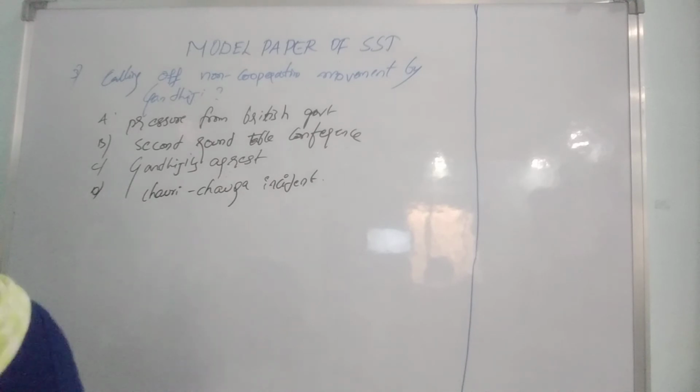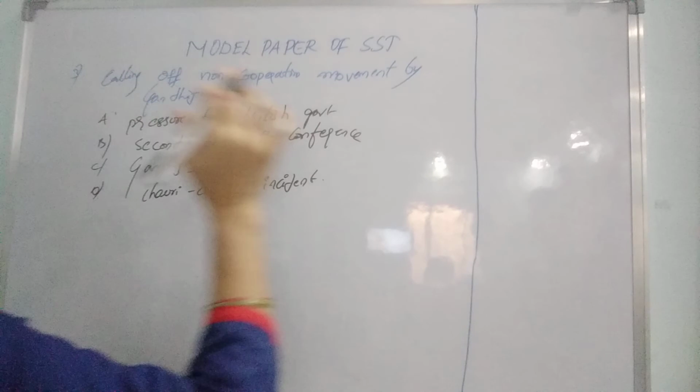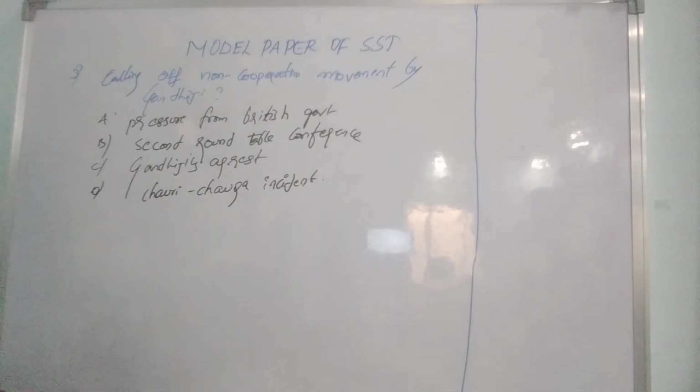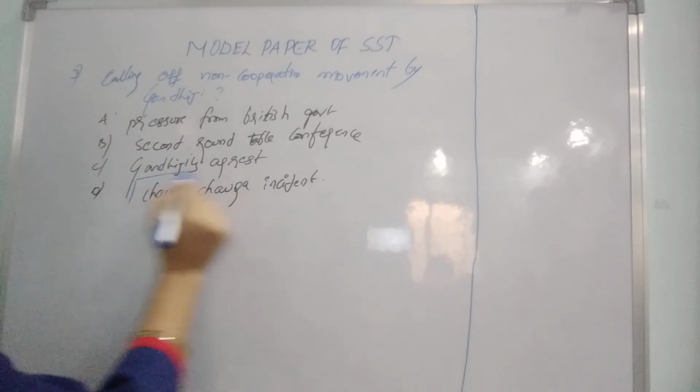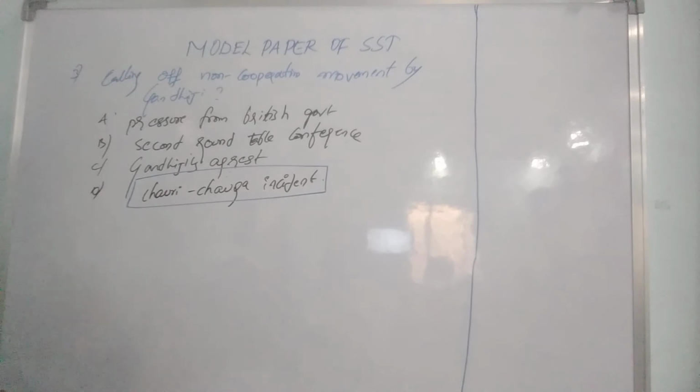Our question is: which of the following was the reason for calling off the non-cooperation movement by Gandhiji? So our last option, the Chauri Chaura incident, is our correct option. Now coming to our fourth question, this is a fill in the blank.